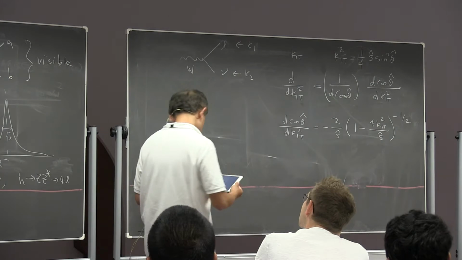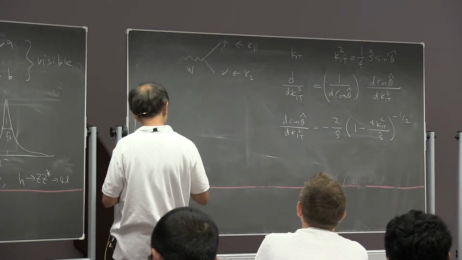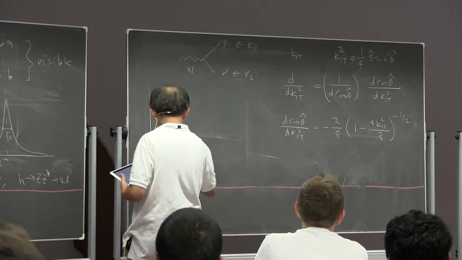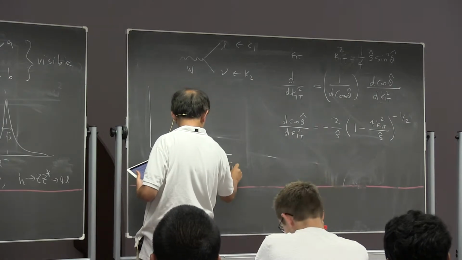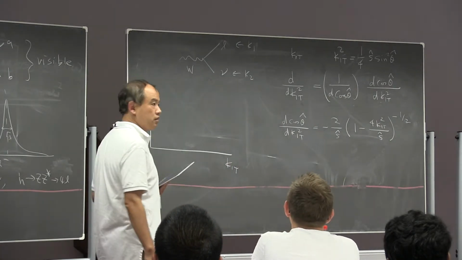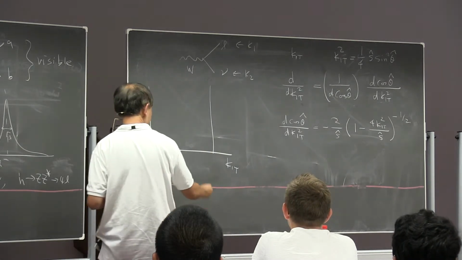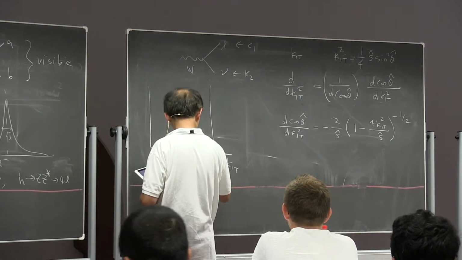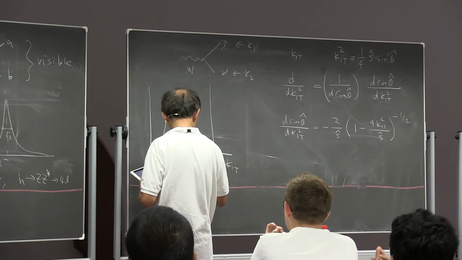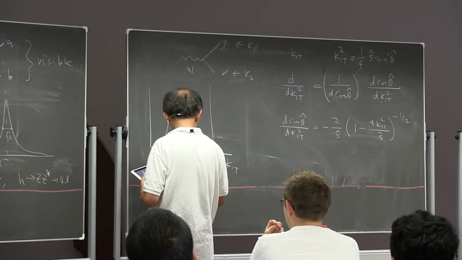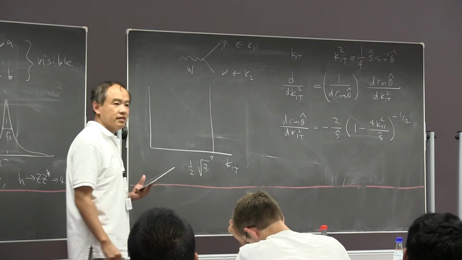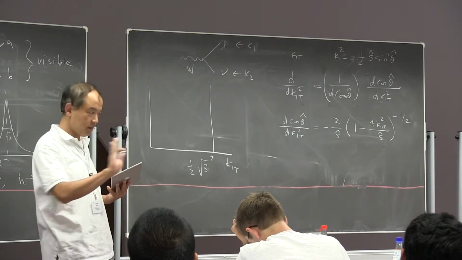So if you plot K1T, it would stop here, at half of the center of mass energy. We cannot go further.